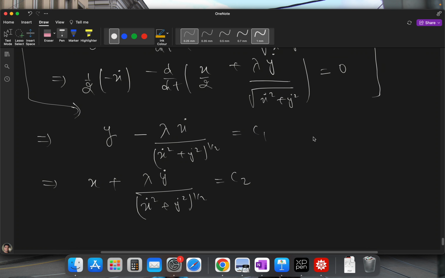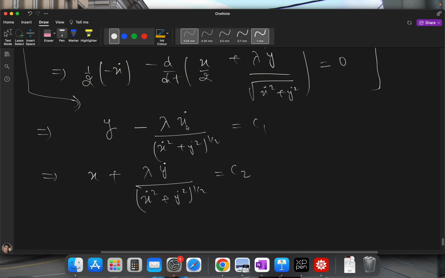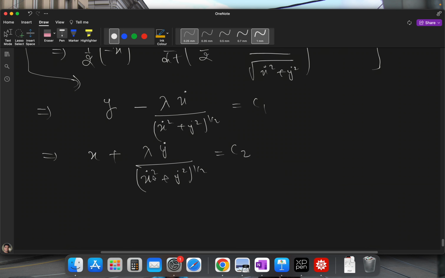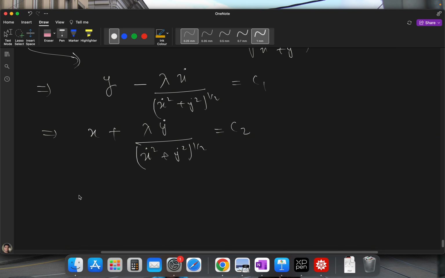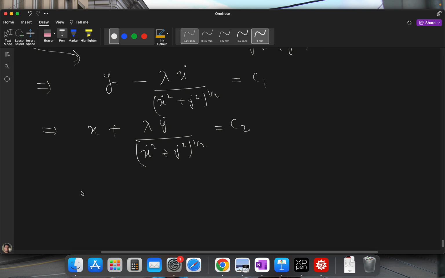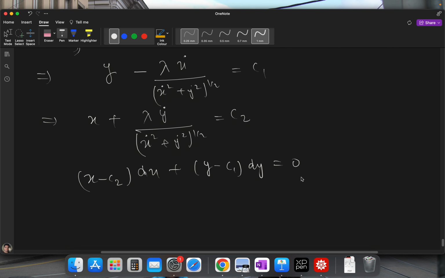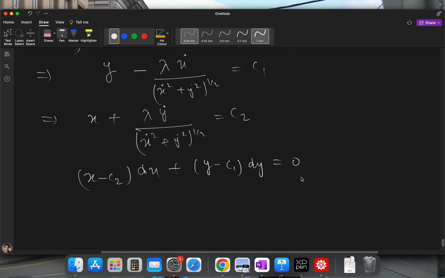Now you can see there are two equations, and you have to eliminate this lambda. When you eliminate this lambda, you will get (x minus c2) dx plus (y minus c1) dy equals 0.